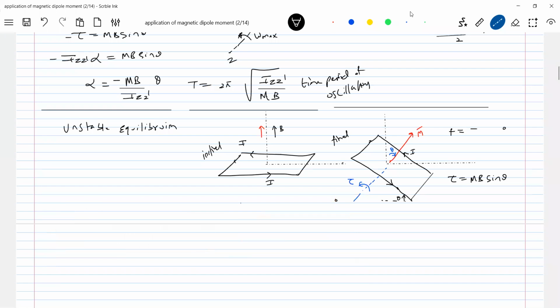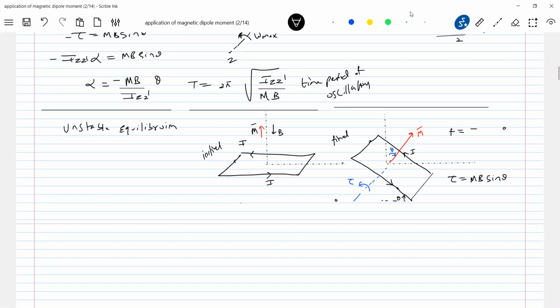This is the unstable equilibrium. So we'll take M bar, B bar. This I'll call the unstable equilibrium.